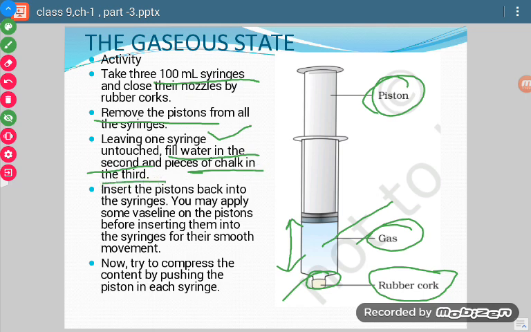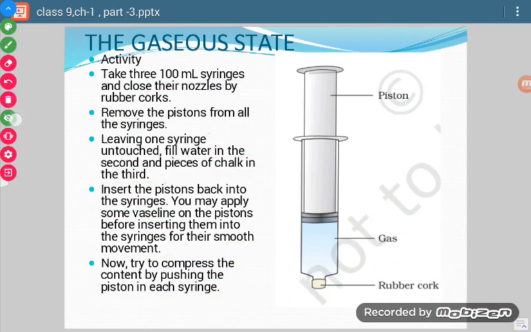Okay, now we will pull the piston inside the syringe, and on the piston we will apply some Vaseline so that it can move ahead easily. Now we will press the pistons.